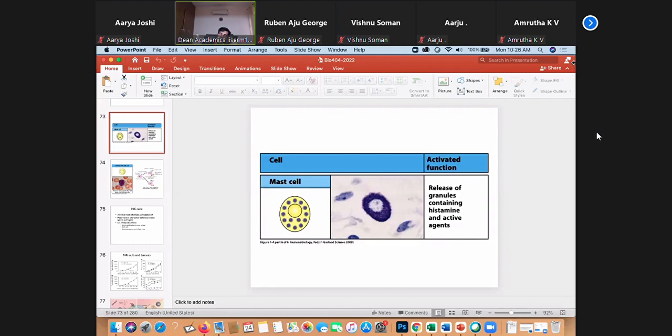If you go back a little, the effector molecules are also more or less shared. You have perforin, granzymes and these molecules, serglycin. These are present in your myeloid cells as well as in your lymphoid cells to carry out the effector function. But how these cells are triggered is different.